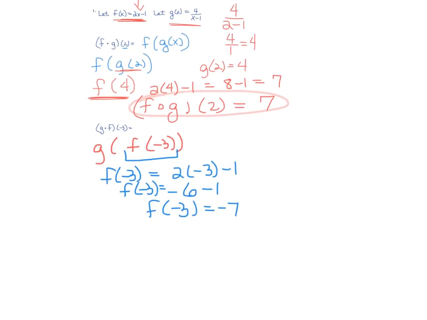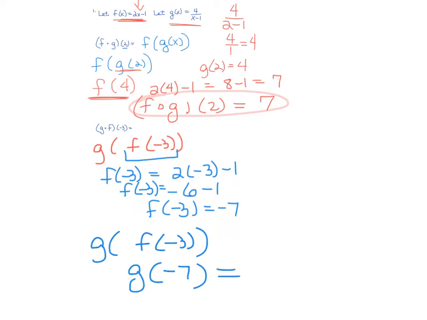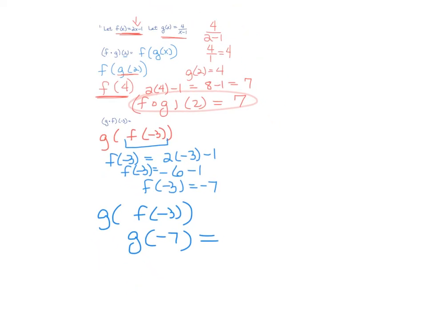So now instead of writing g of f of negative 3, I'm finding g of negative 7, because f of negative 3 equals negative 7. Now I'm going to take my g of x function, which is 4 over x minus 1, and I'm going to replace x with negative 7.